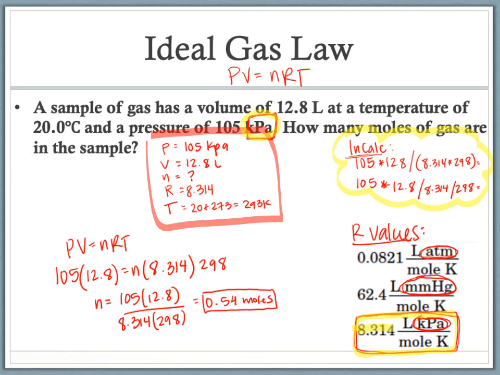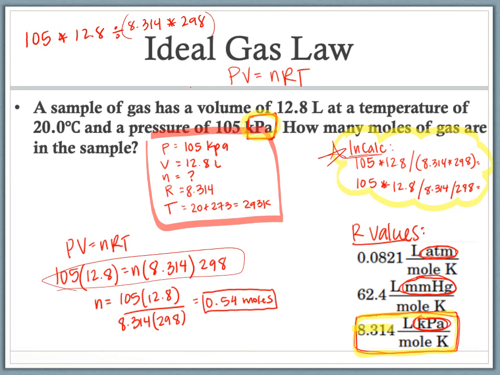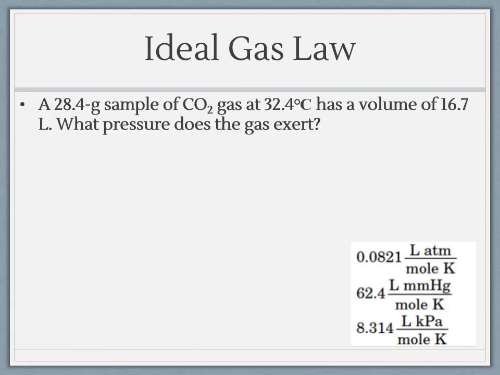What you cannot do is plug in 105, click times 12.8, click divided by, 8.314, and then click times, 298, because that is going to divide by 8.314 first and then multiply rather than doing all of that at once. So keep that in mind, and if you're checking your work and you plugged everything in right and your answer doesn't match, that might be what happened.